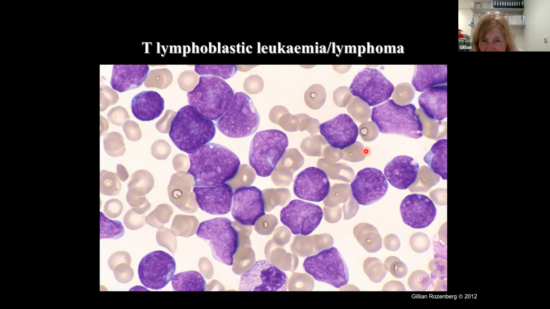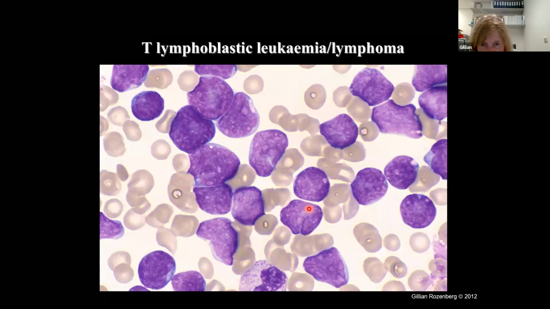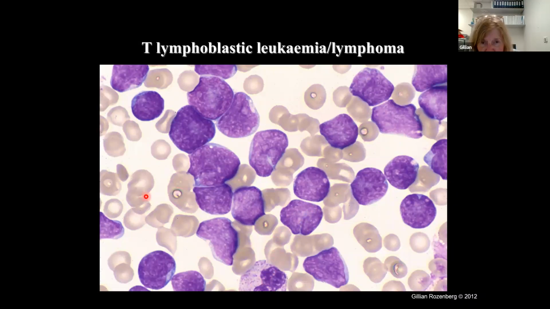You can see, I've tried to show you some of the nuclei are cleaved. So there's a cleft there in this cell here. There's a cleft here in this blast. So these are all blasts with a high NC ratio. This cell here is probably cleaved as well.